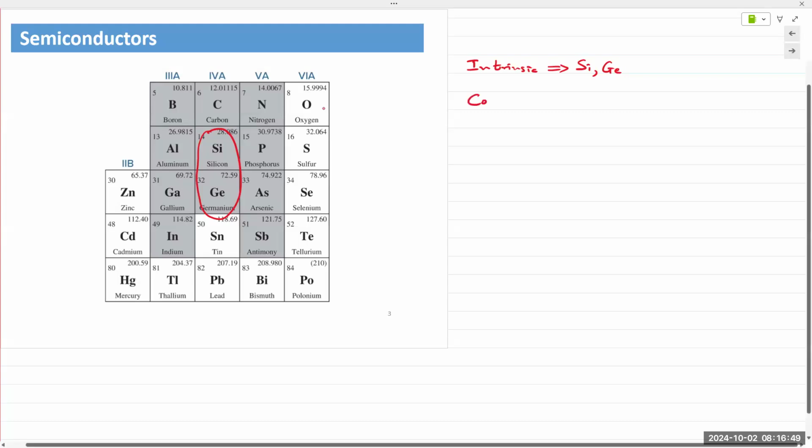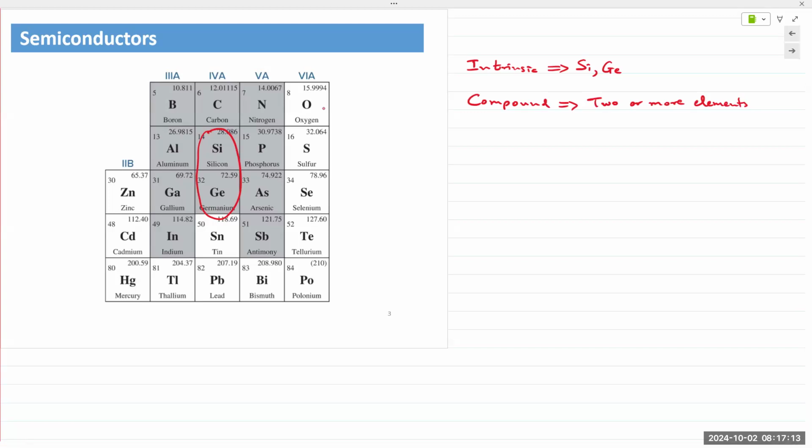Then we have compound semiconductors. Compound semiconductors are made up of two or more elements. So again, it's a compound semiconductor when you take 2 or more elements and create a new material that can behave as a semiconductor. In general terms, compound semiconductors are now used for just two material semiconductors.